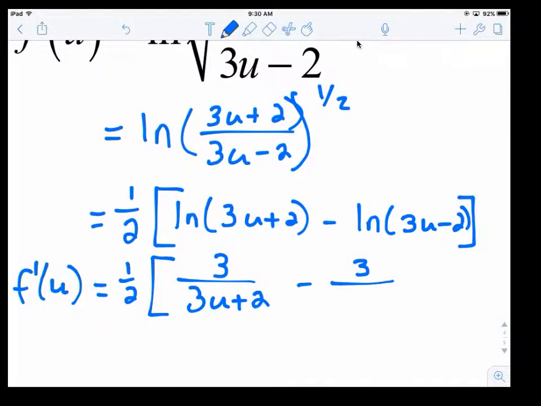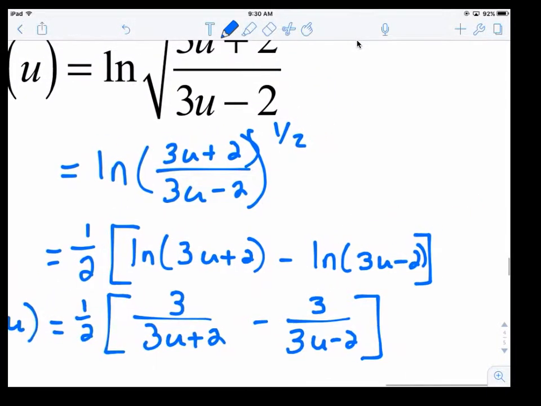Good. 3u minus 2. Yeah. Negative half. So derivative of ln, right, would be 1 over 3u plus 2 times the derivative of the inside, which is just 3. We kind of did 2 steps in one.